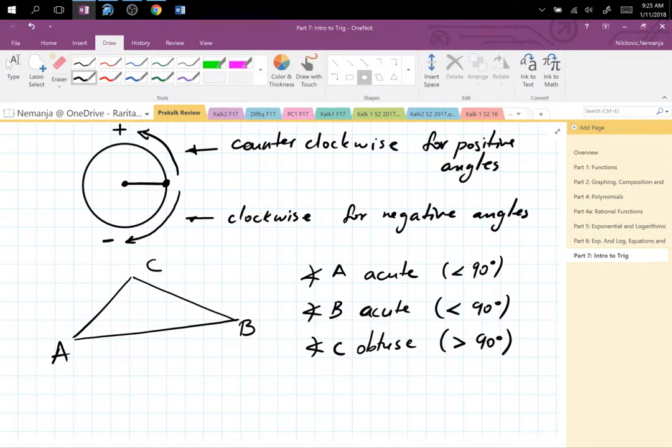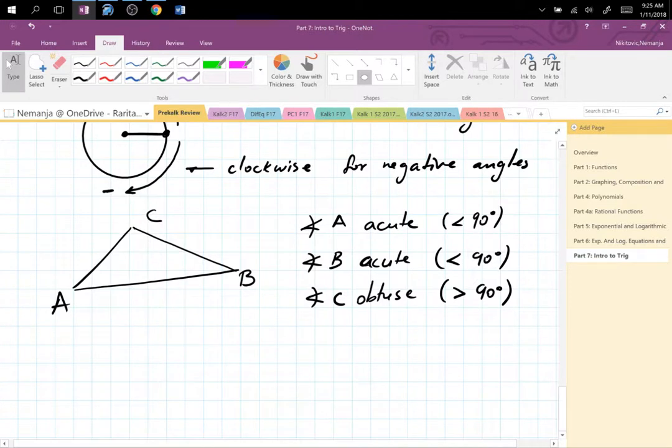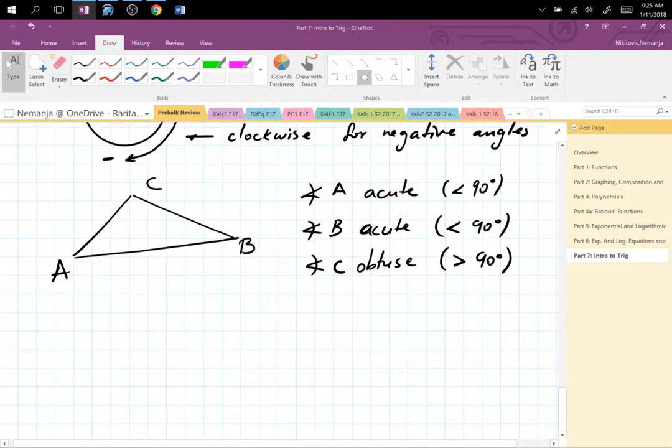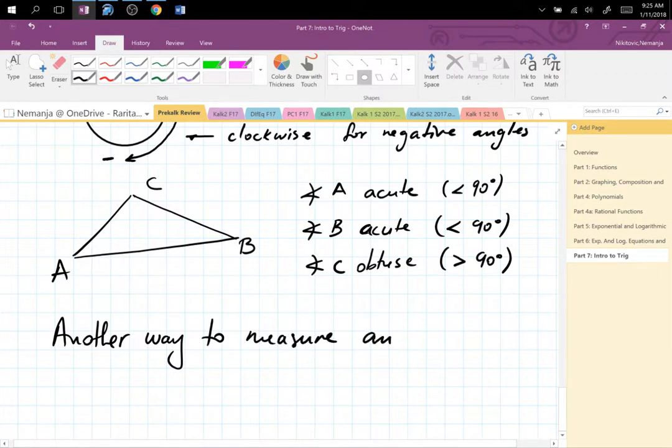So now that you understand these angles, there is one more way to measure, and that is using radians. So another way to measure angles is to use radians.